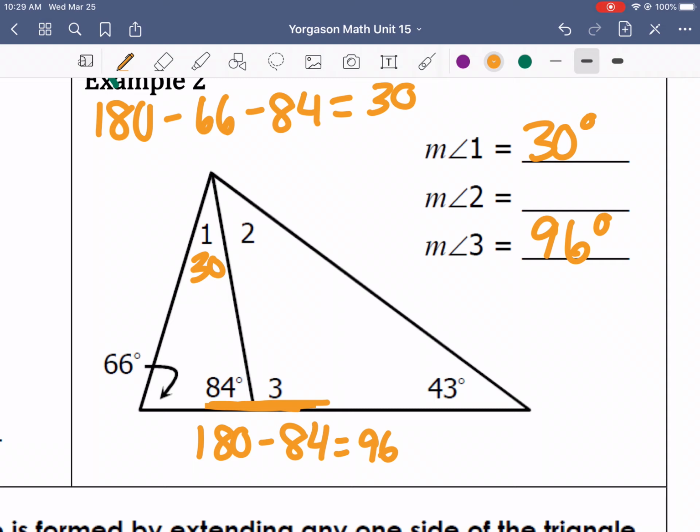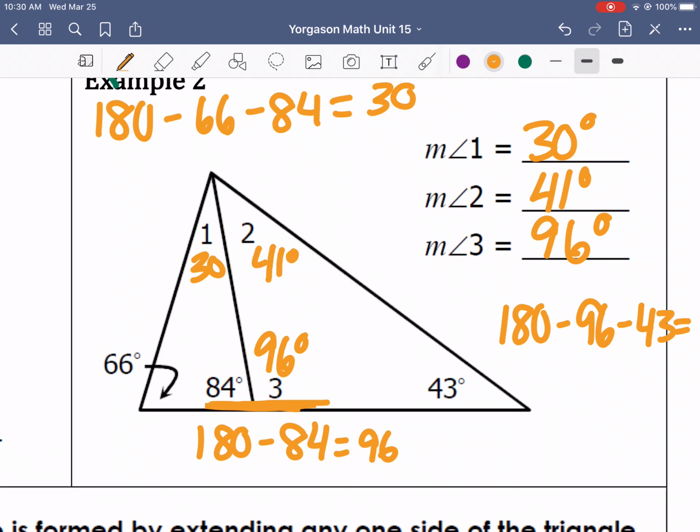If we knew that this is 96 degrees, then we can find the measure of angle 2 by taking 180 minus 96 minus 43, and that would give us our answer up here, which is 41 degrees, right? You may have taken a step to find that this whole thing is 71 degrees, and then if you knew that one was 30, the other was 41, or vice versa. So lots of ways to solve the same problem. Whichever way works for you is the best way.